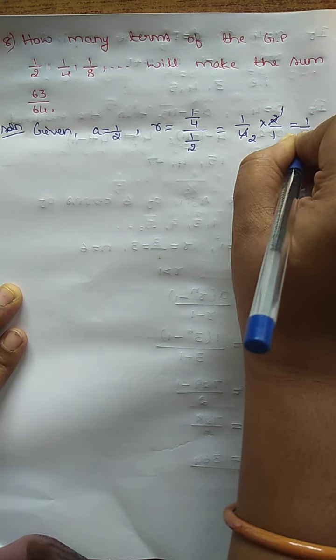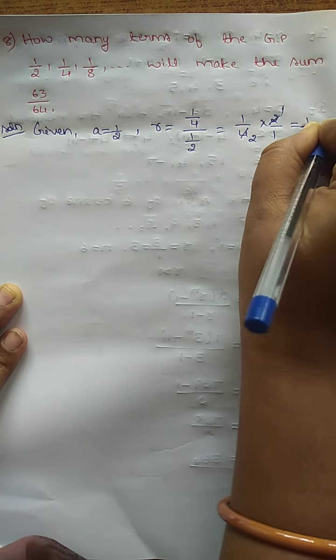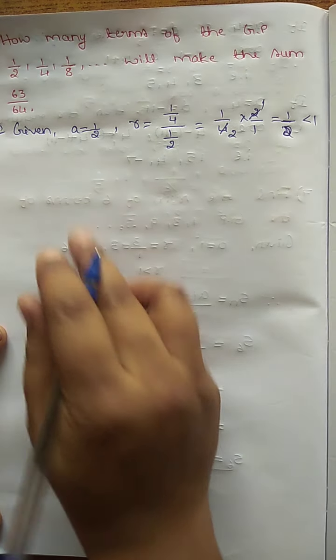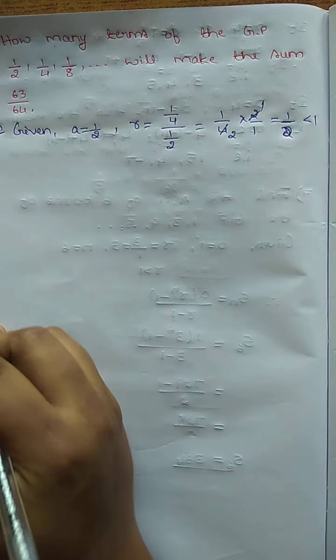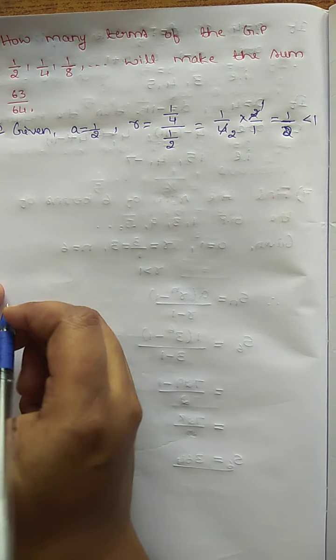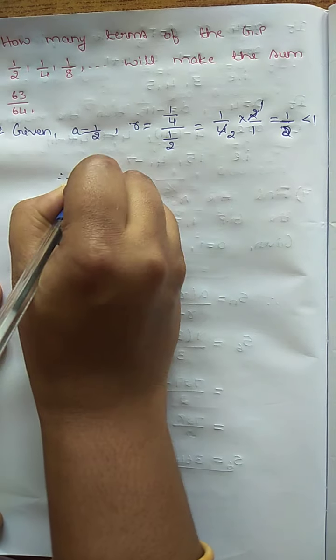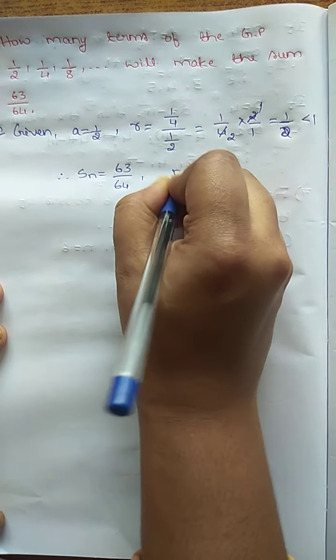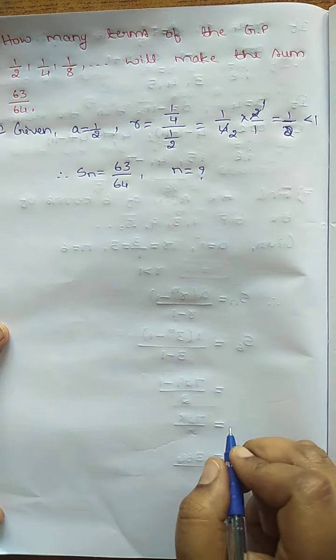Therefore, r equals 1 by 2, that is less than 1, and the sum is 63 by 64. Therefore, Sn equals 63 by 64. We have to find the value of n.